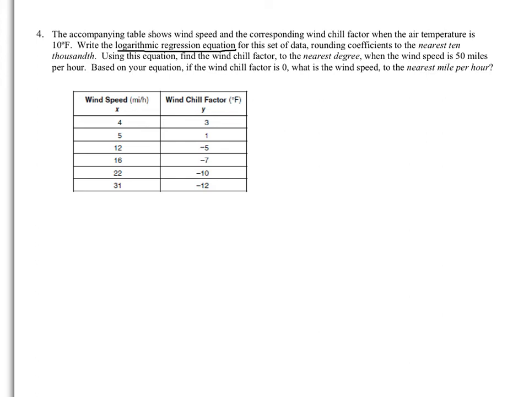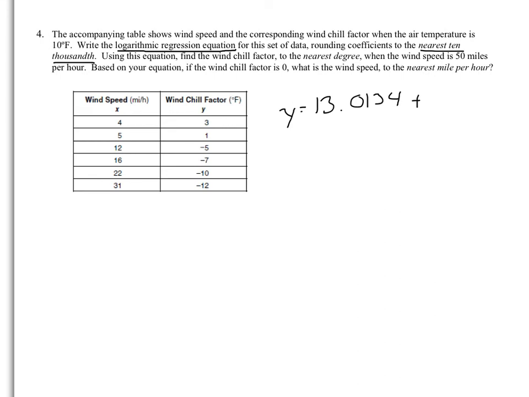When I input my data into a list and spreadsheet on the graphing calculator, and I do my stat calculation, I'm going to click logarithmic regression. When I do that, I find that my logarithmic regression is y equals 13 point. This one's actually pretty large. It asked me to round to the nearest ten-thousandth, so that's 4 decimal places. 13.0134 plus.